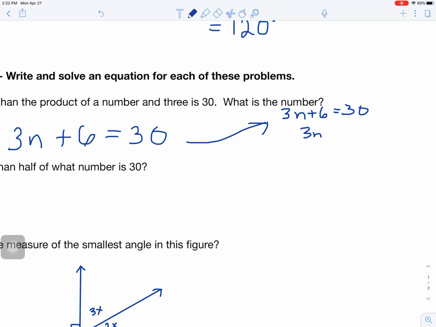We go 3n, and we have to take away 6 from both sides, so that would be 24. And then we'd have to divide both sides by 3, right? So n would equal 8.